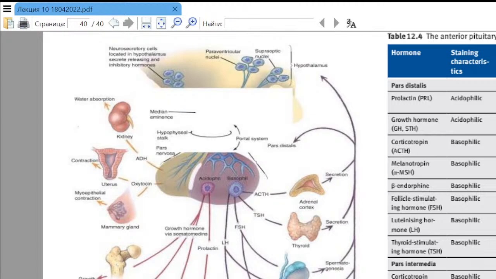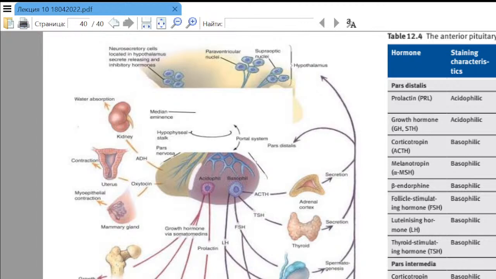Prolactin. These are acidophilic cells. They synthesize prolactin, which regulates the mammary gland.